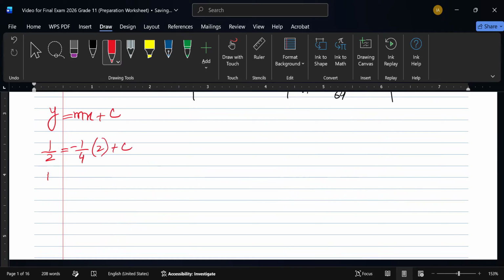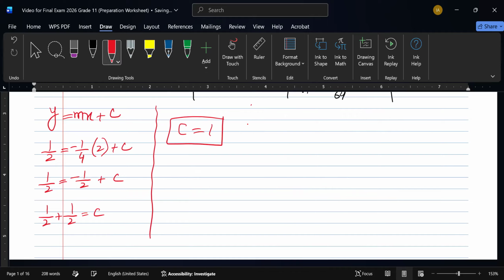So it's going to be 1 over 2 equals minus 1 over 2 plus c. Moving half to the left, it becomes plus half. Therefore, the value of c will be plus 1.